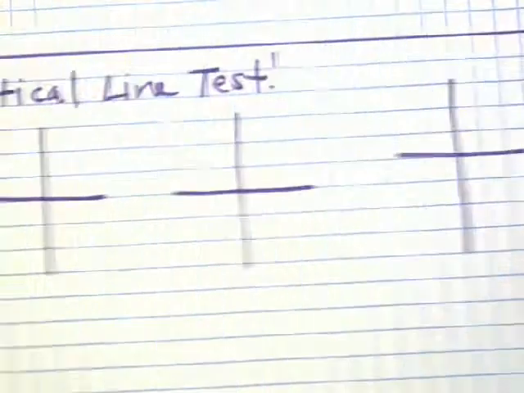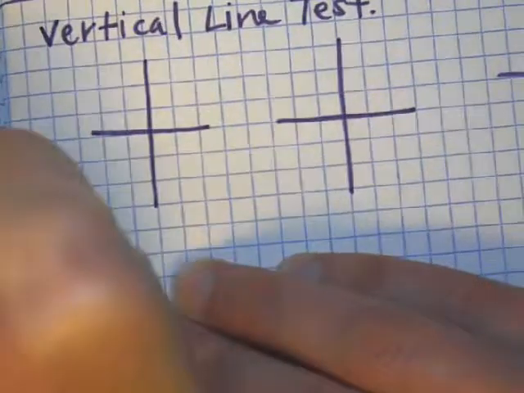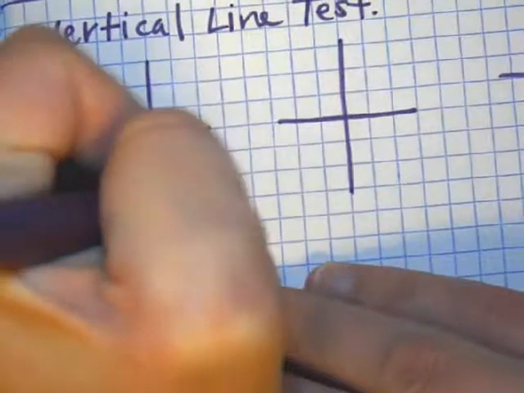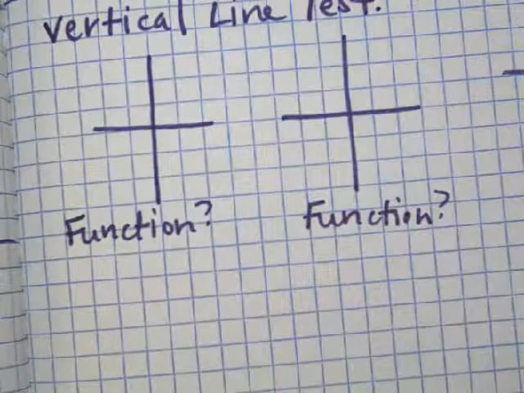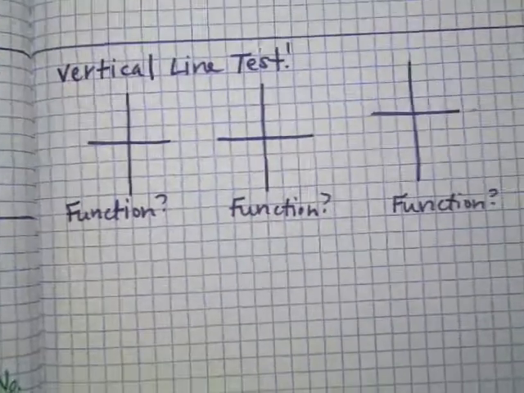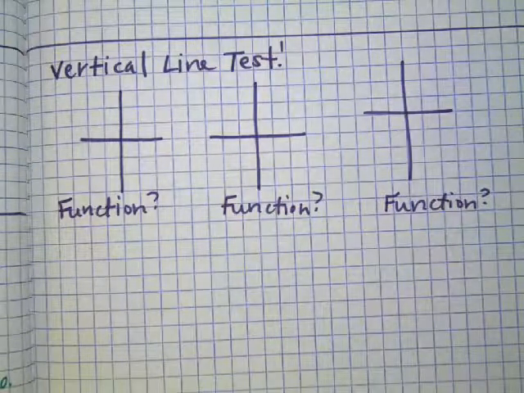And then under each T, each graph, I want you to write function? Function, under all of them. And there's 3 of them. Okay, vertical line test.